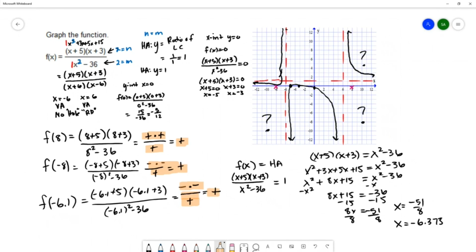And if I had the actual y values, I would be able to see whether the graph went below that horizontal asymptote and came back to it. So I'm going to spend just a couple minutes actually finding the y values of these extra points and draw a better sketch of this graph.